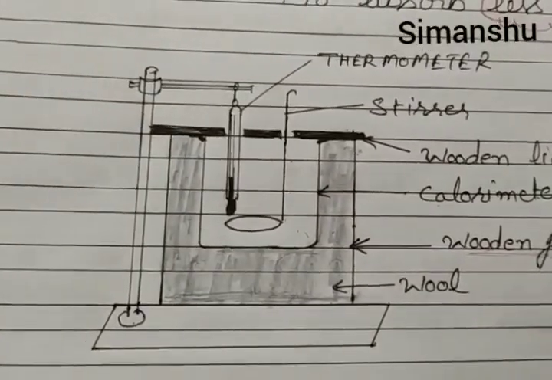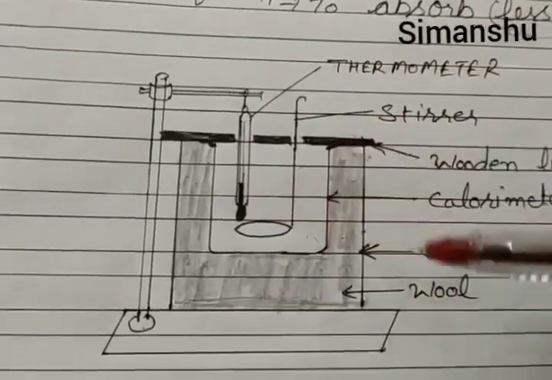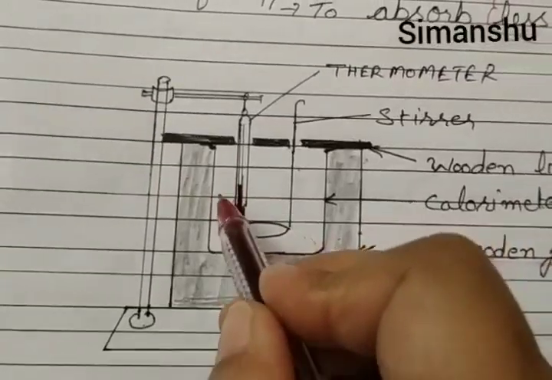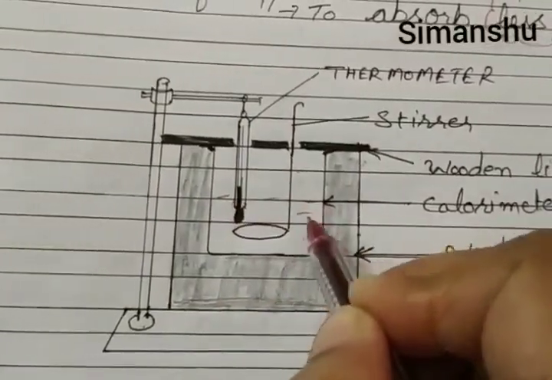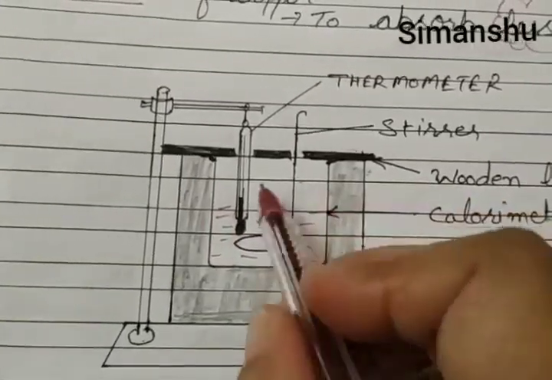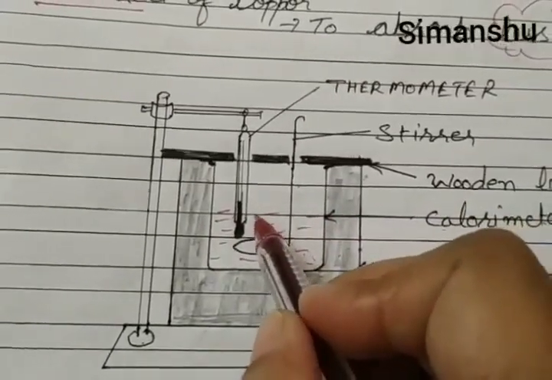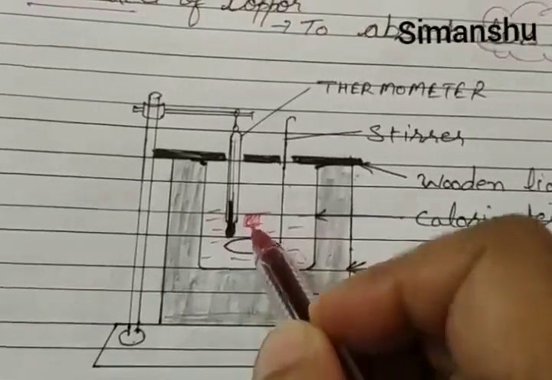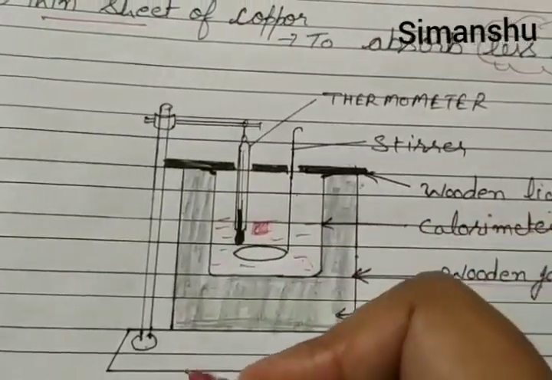See, as in the last video I shared this diagram with you. So what happens in a calorimeter? Inside the calorimeter, there is a liquid, any kind of liquid, water or whatever, and afterward you keep a solid in it, or you can keep any other liquid also.